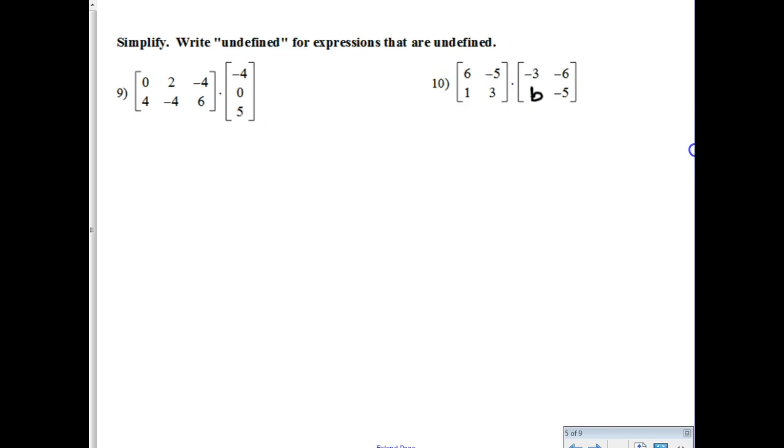Before you can actually execute a multiplication problem, which is what this dot means, you have to check that you can even multiply them to begin with. So here's the rule for multiplying matrices.